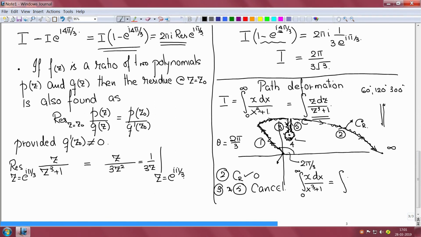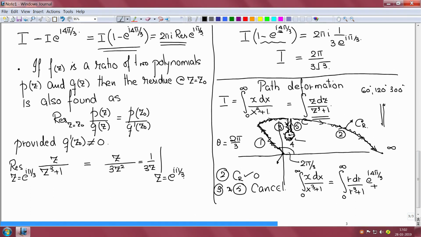So this is, I will write it as r dr by r cube plus 1 from 0 to infinity, e to the power i 4 pi by 3, plus I am going counterclockwise round a pole, okay.